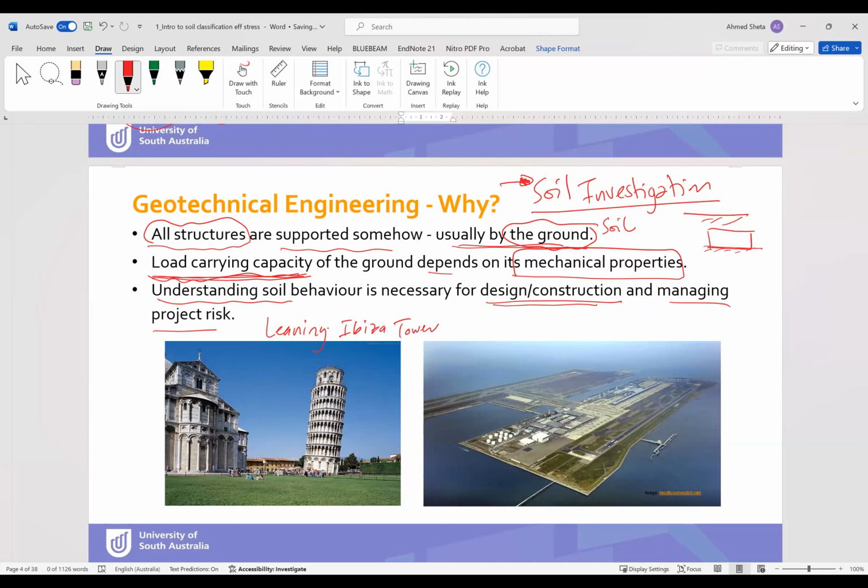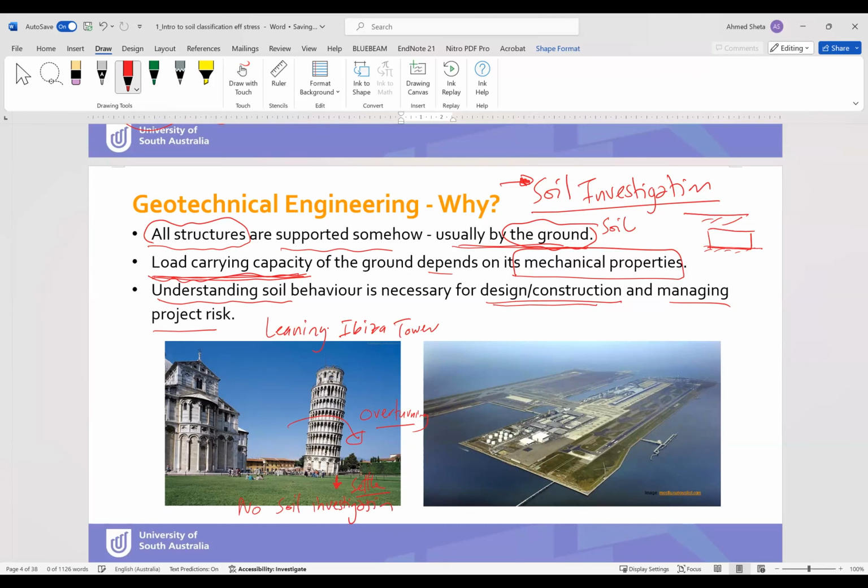Because the soil here was weak, the structure settled on one of its two sides, so it was actually overturning during construction, because there was no soil investigation for this site before starting the project.